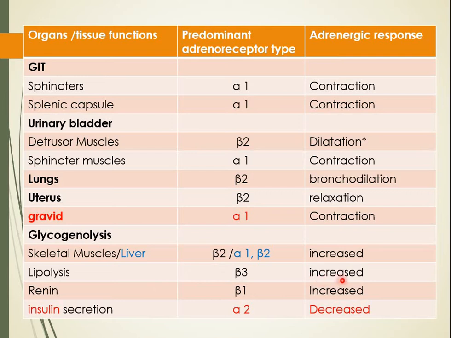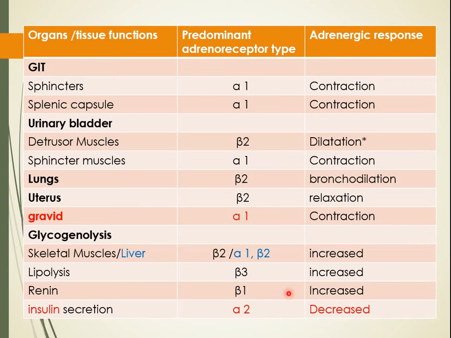So lipolysis increases, and this is an important point: from the juxtaglomerular complex near the macula densa region, renin is released, and renin is a vasoactive peptide system component. Through the renin-aldosterone system, it will lead to sodium and water retention.